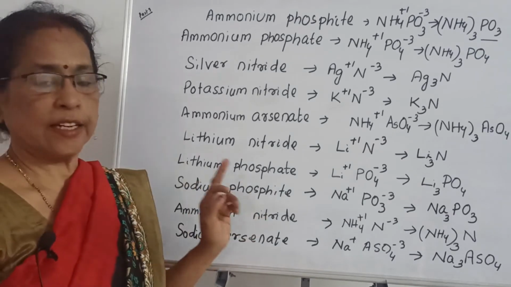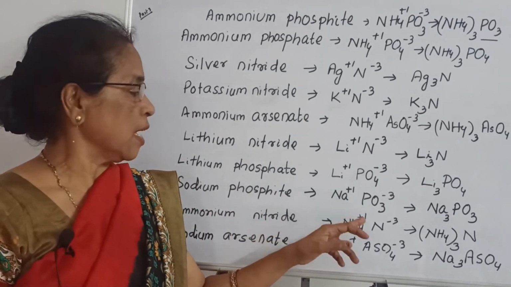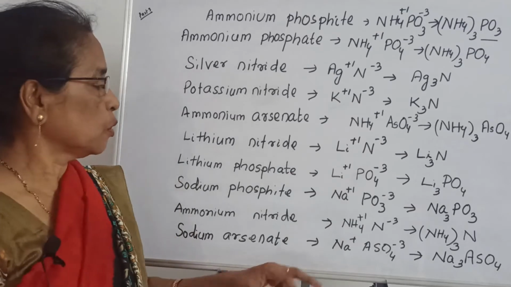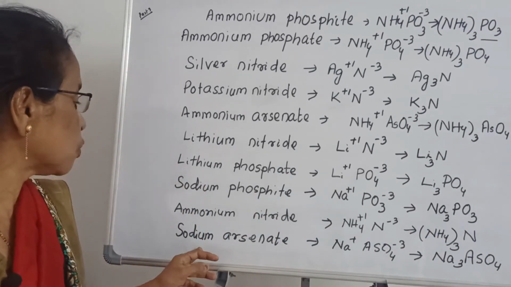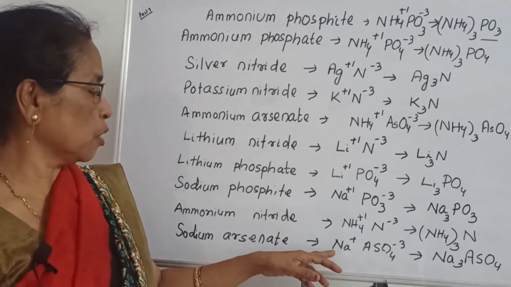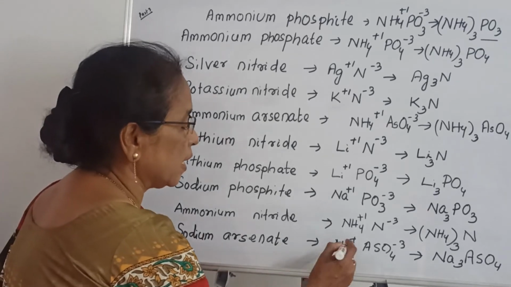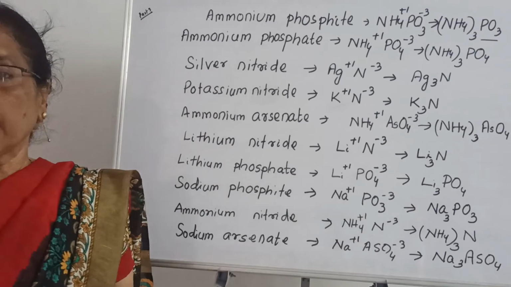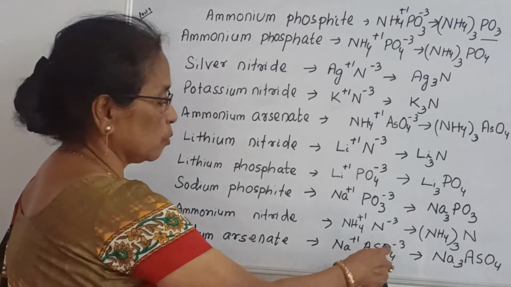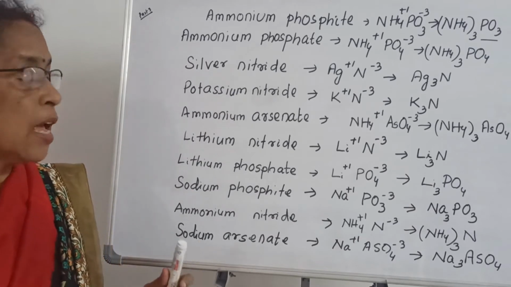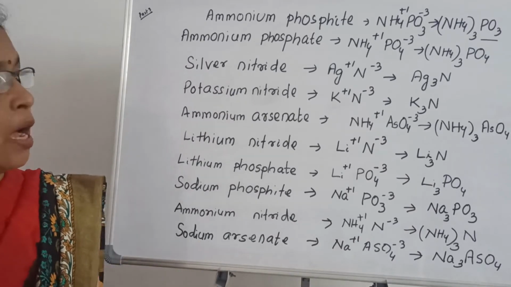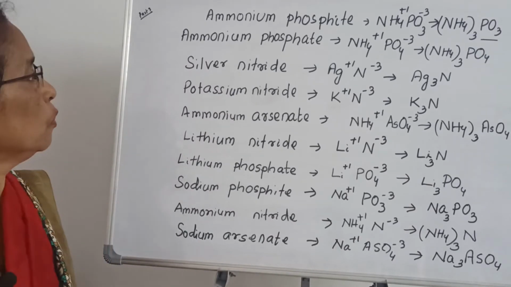Ammonium nitride, NH4 plus 1, N minus 3, so it is NH4 whole 3 N. And sodium arsenate, sodium is plus 1 and AsO4 is minus 3, so the 3 comes here, and the formula is Na3AsO4. I think it is clear to you.